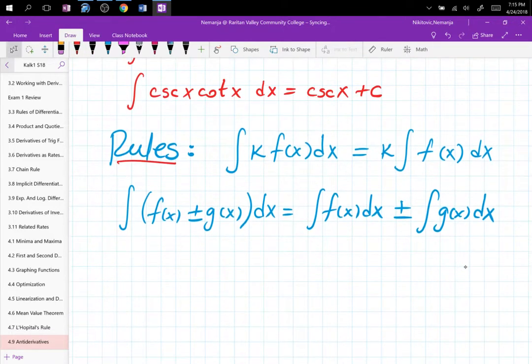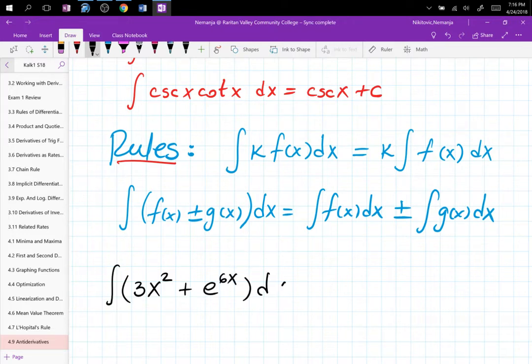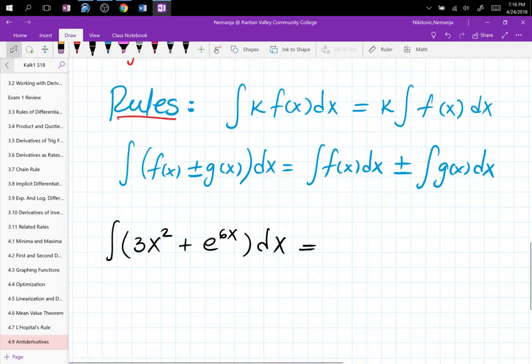Let's apply some of this stuff. Say you are supposed to integrate 3x squared plus e to the 6x dx. What you can do, I mean, clearly by the end of Calc 1 you will be just looking at this and mentally writing the solution right away. But now let's just separate everything and use the rules.